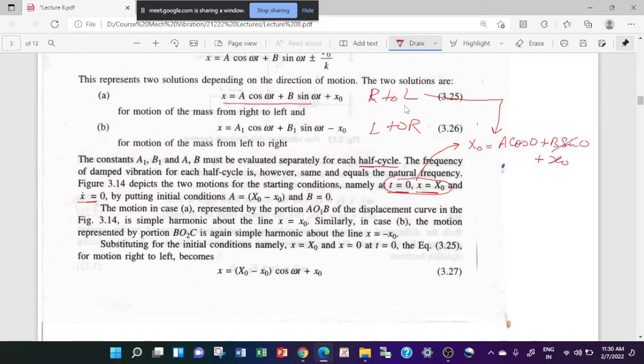So here this is 0 here. Your a has come out to be capital X naught minus small x naught.